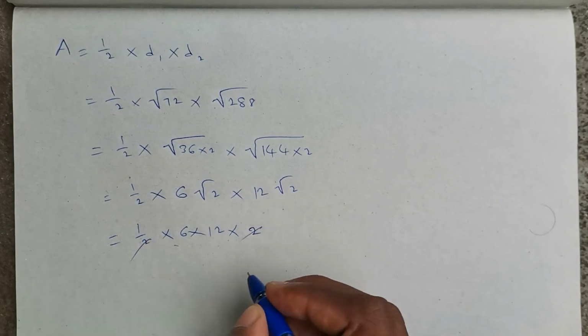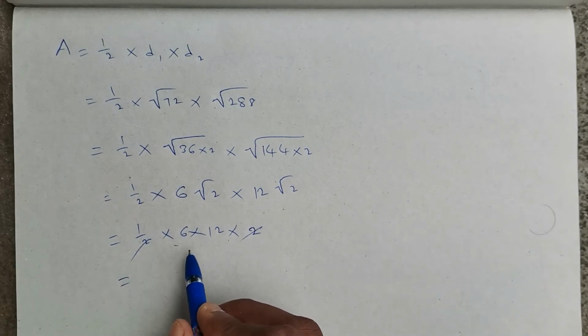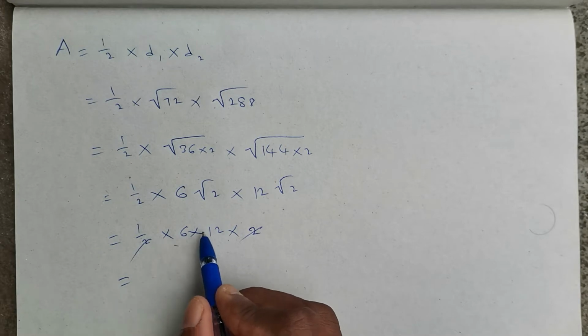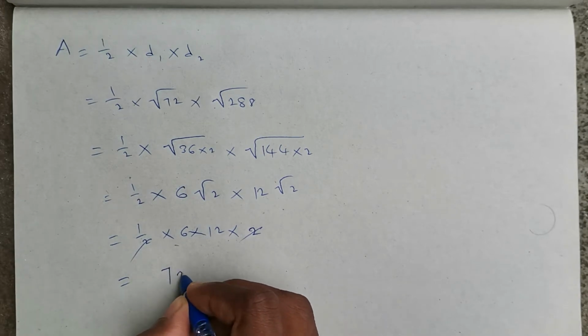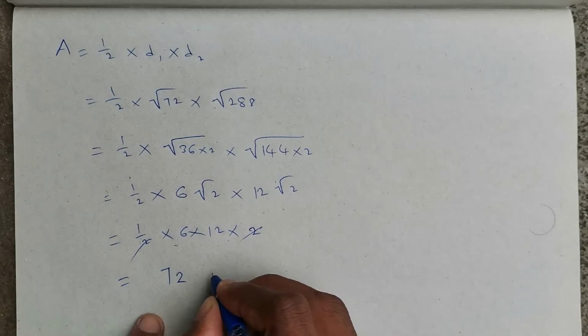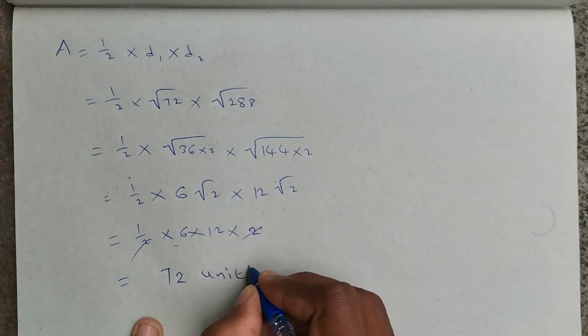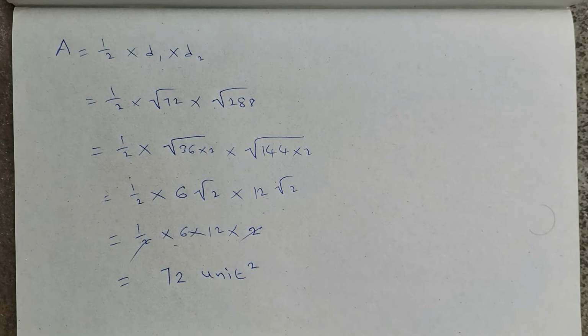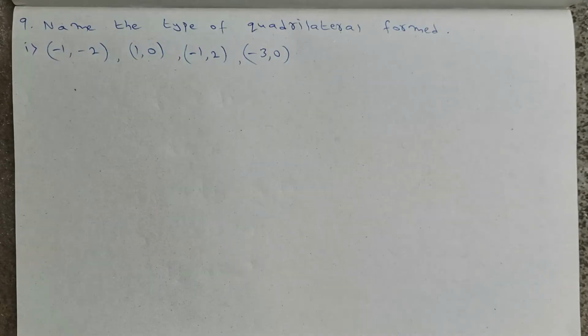So here 2 will get cancelled, so we remain with 6 into 12, 72. And here he didn't mention anything about the units, so that's why I'm simply writing units square. 72 units square.